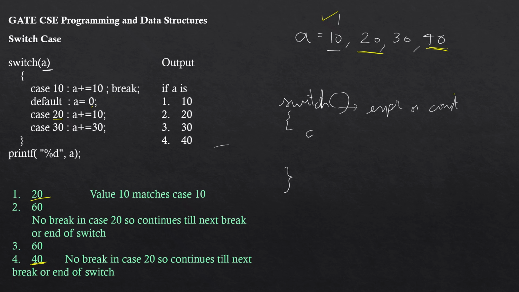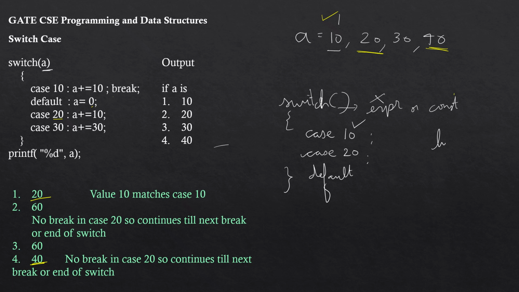And inside the switch, we'll have a set of rules. And these rules are what we call the cases. And each case, remember, we can only put some constant value. No float, no double, just a constant integer. And it cannot be an expression, only a constant.